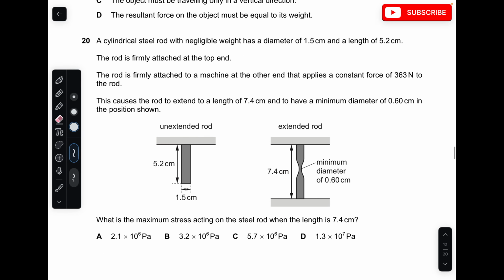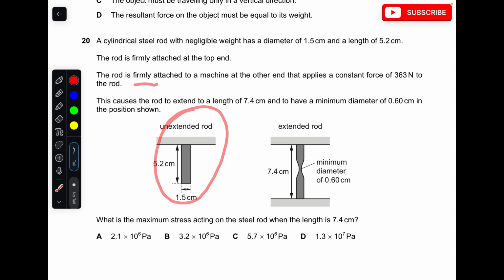Okay, in question 20, a cylindrical steel rod with a negligible weight has a diameter of 1.5 centimeter and a length of 5.2 centimeter. The rod is firmly attached at the top end, and this is the scenario that is given. The rod is firmly attached to a machine at the other end, and that applies a constant force of 363 newtons.